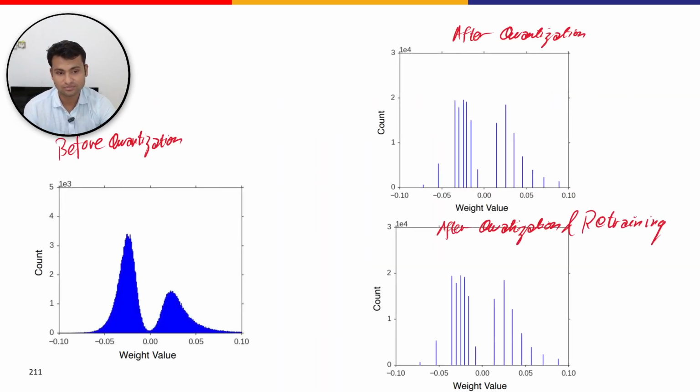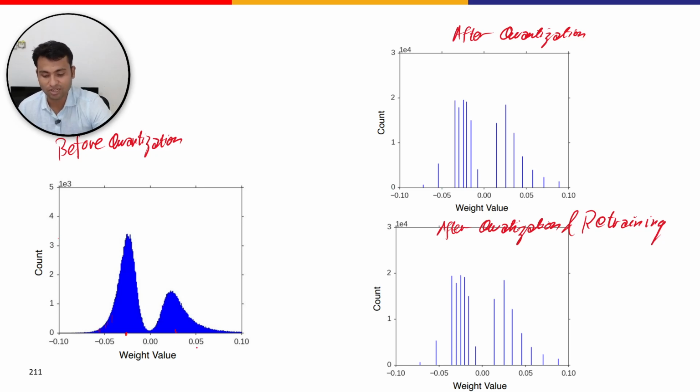And we'll come to this slide. Okay, let me explain it right now. Before quantization, we had weights, and this is representing the count. In these two points, most of the weights are there. After quantization, we discretize the weights.